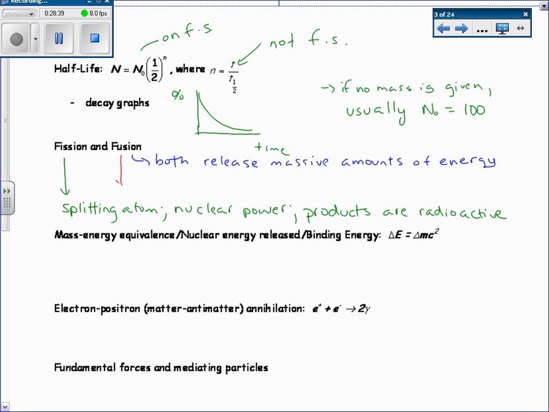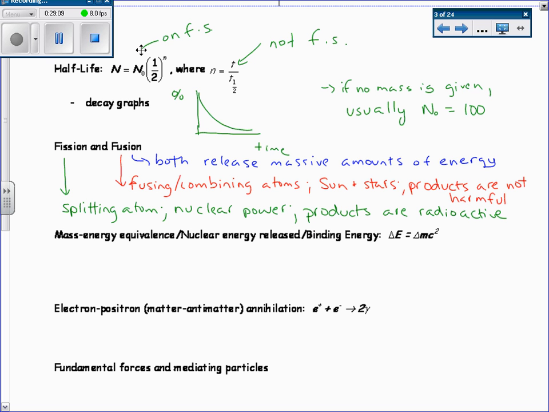Fusion is combining, fusing, or combining atoms. It happens in the sun and stars. Products are benign, so are not harmful.